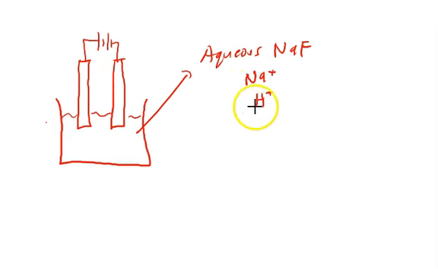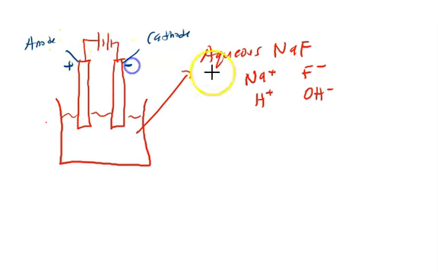Okay, they have sodium, they have hydrogen, they have fluoride, and they have hydroxide. Okay, so this is anode and this is cathode. So anode will be at the positive side and the cathode will be the negative side.